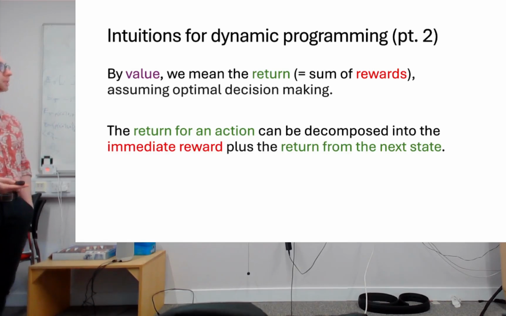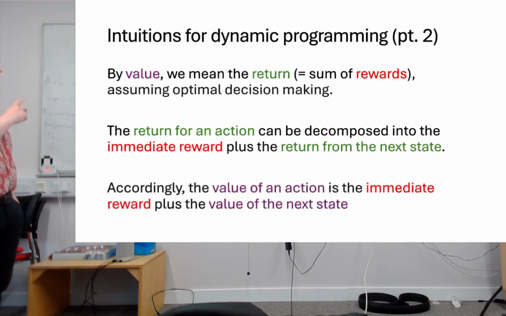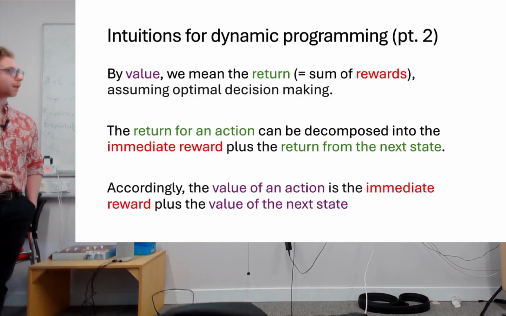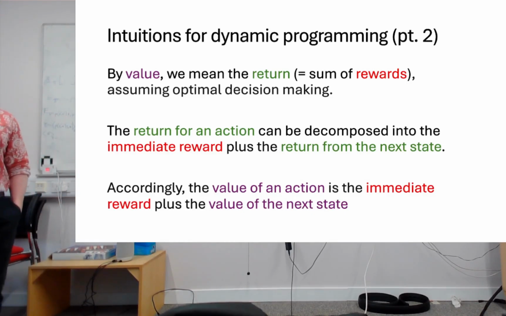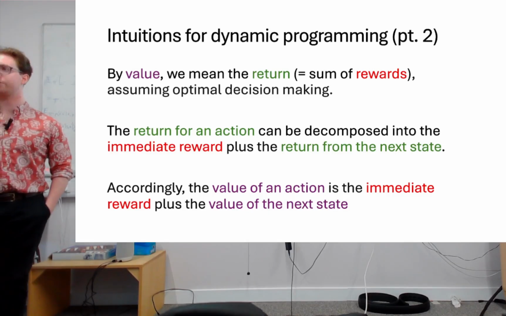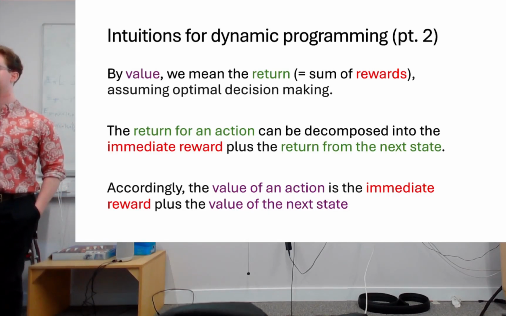And this decomposition is what's going to allow us to compute these values. So the value of an action, how good an action is, can be decomposed into the immediate reward I'm getting for that action, plus the value of the state that I end up in. Okay?